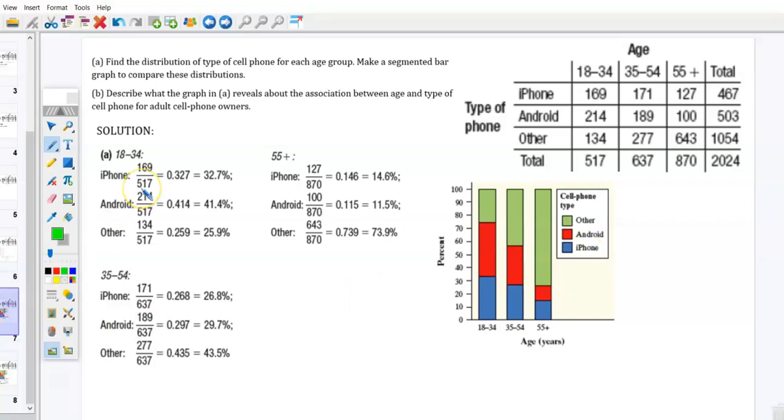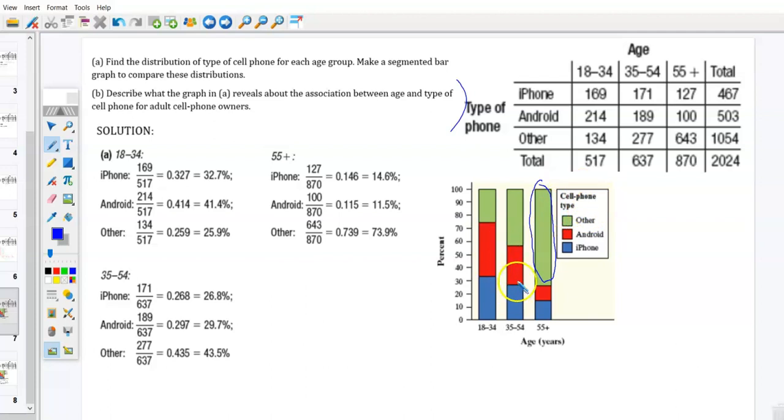I think this question does get a little bit tough here. Describe what the graph reveals about the association between age and type of cell phone. If you had to generalize, it looks like if you're an older folk, older than me, 55 and older, then you're much more likely to use other, whatever that is. Maybe not a cell phone, I'm not sure.